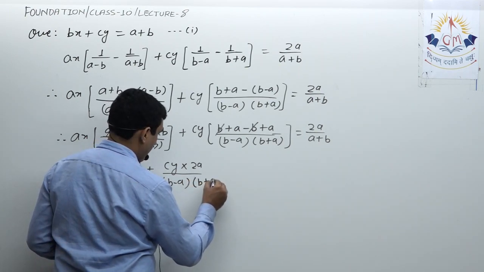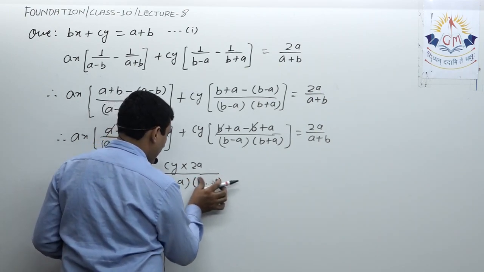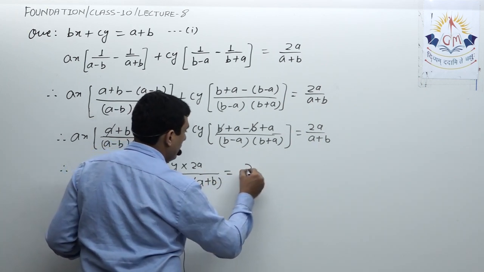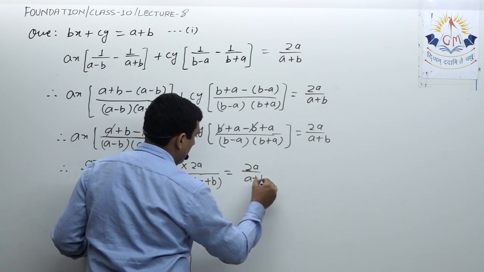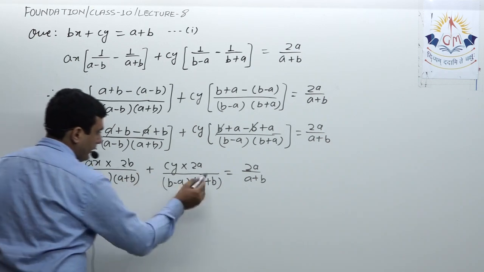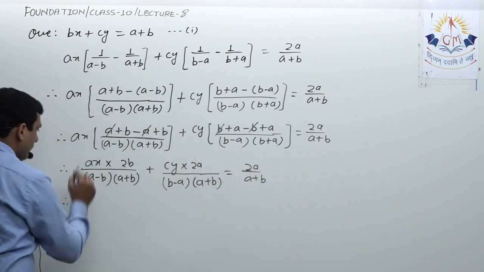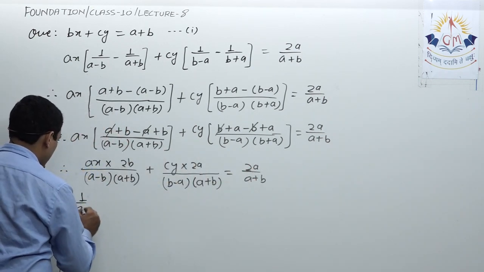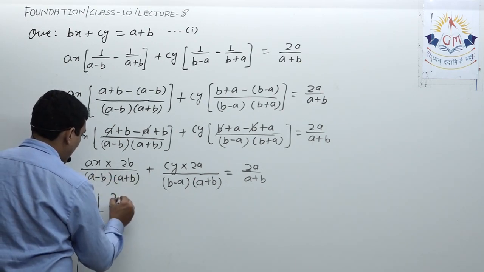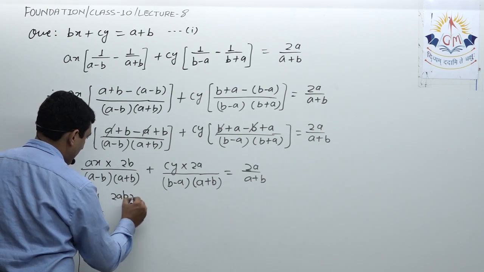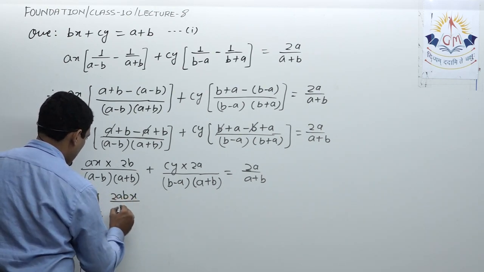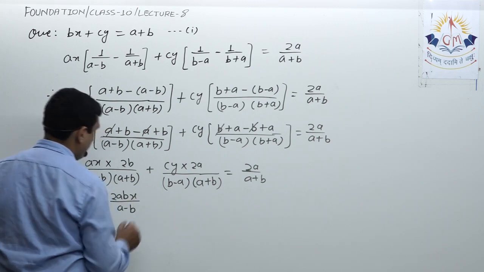(b plus a), or here I am writing it a plus b, whether it is a plus b or b plus a it is the same thing, 2a upon a plus b. So now I am cancelling this 1 upon a plus b, 1 upon a plus b, 1 upon a plus b, or a better way, I am writing here 1 upon a plus b common. So here I have 2abx upon a minus b.